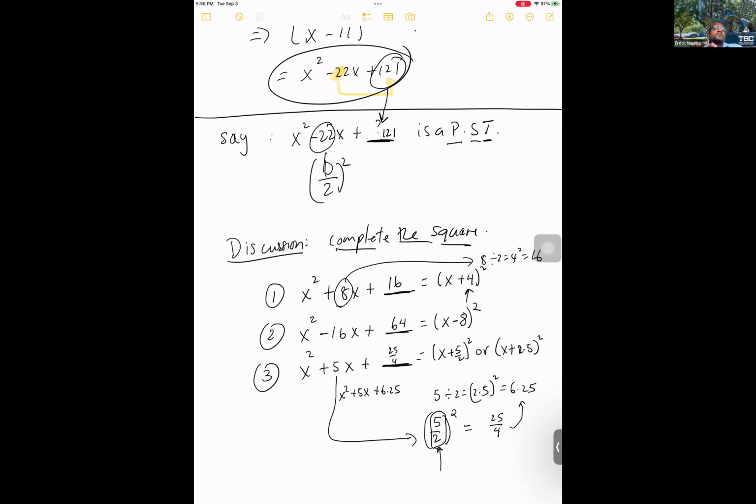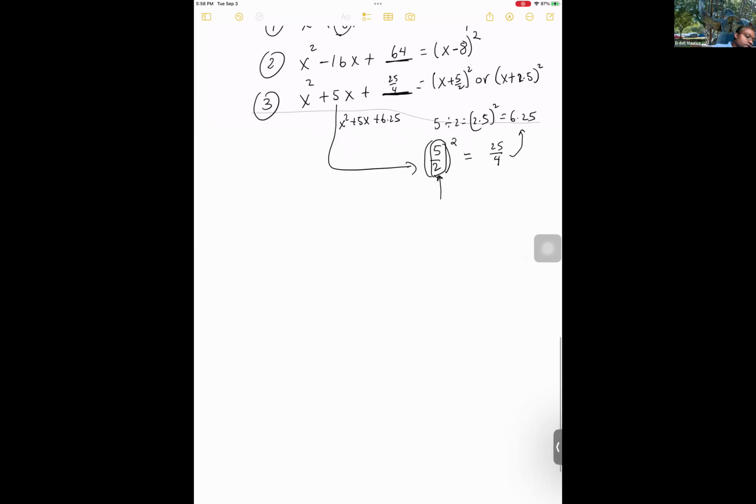So then how does this help us with circles? Now that we have this knowledge right here, how does this help us with circles? Let me show you. So we are going to convert from general form to standard form.